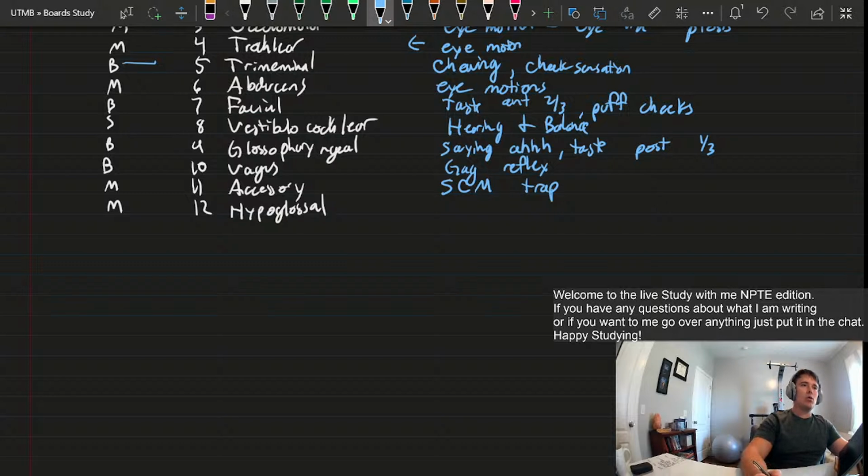And then hypoglossal is tongue protrusion. So you tell them to stick their tongue out, and if it deviates, you're thinking a stroke or a problem with the hypoglossal nerve.